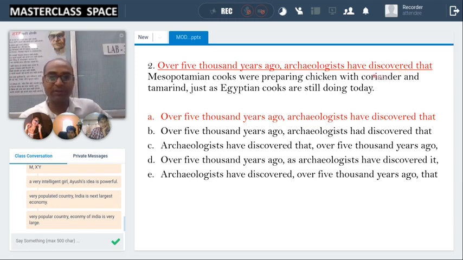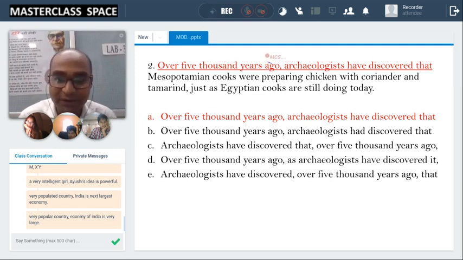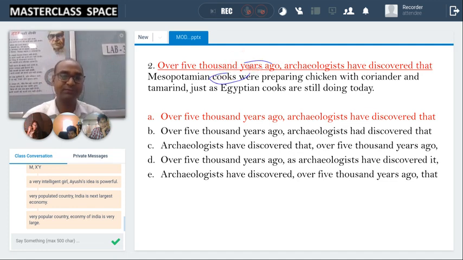But if you read ahead, you will find that Mesopotamian cooks were preparing. It is true that cooks were available before 5,000 years ago, right? So this is a modifier that should modify Mesopotamian cooks. But here in option A, it is modifying archaeologists. Osman, did you get why A is wrong? Yeah. My bad. Same problem in B too.